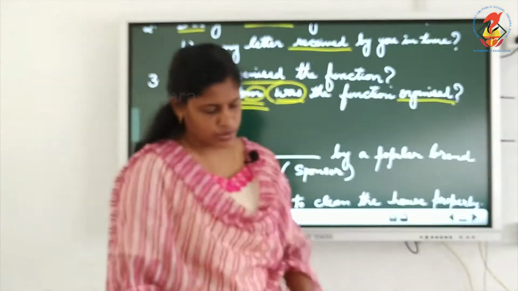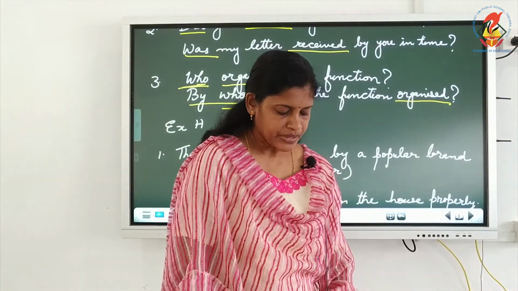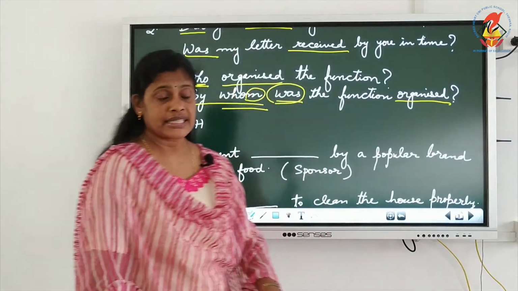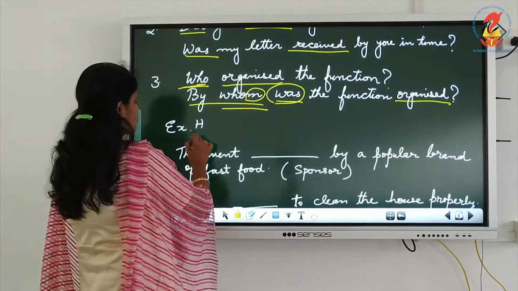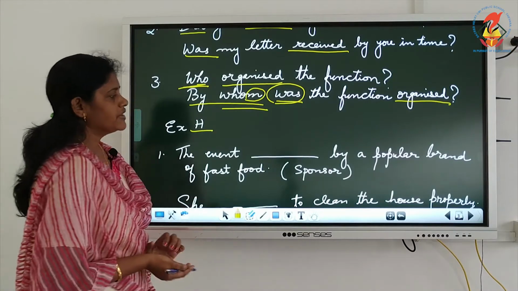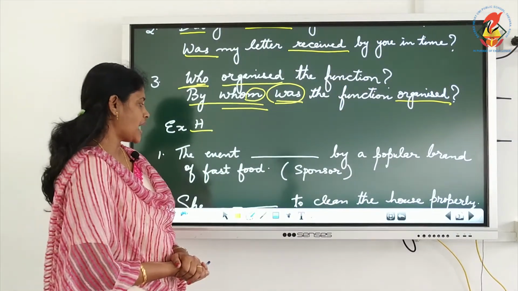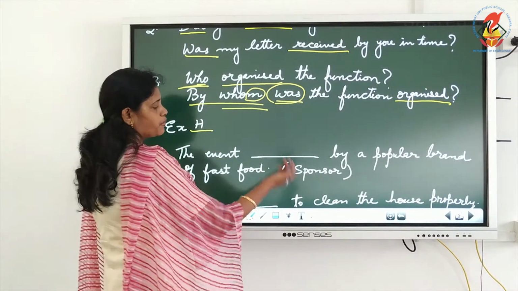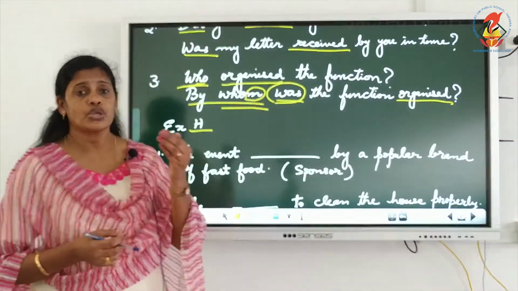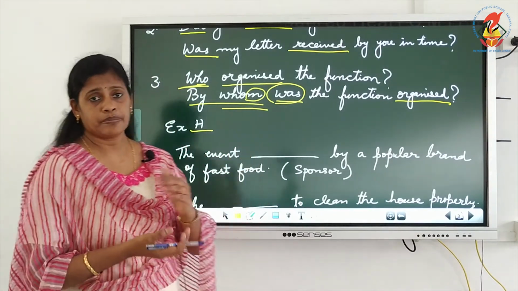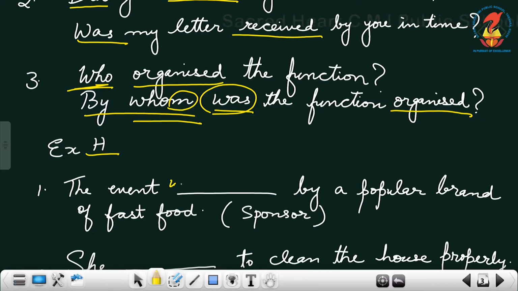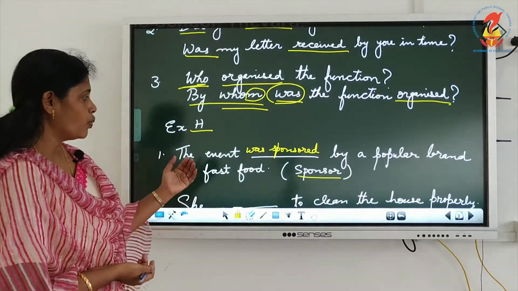When you take out your textbook and come to exercise H, simple past tense, some textual exercises are given there. In that H1, the first one, the event dashed by a popular brand of fast food. The word is sponsor. The rule says was or were plus past participle form of the verb. So the event was sponsored. The root verb is already given, was sponsored.